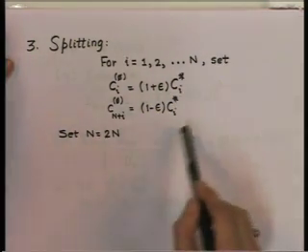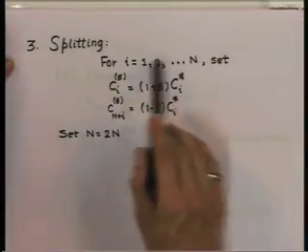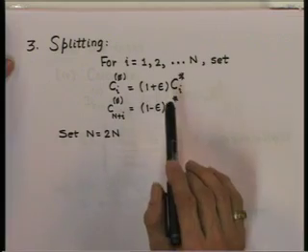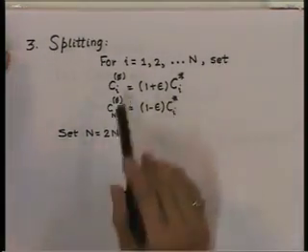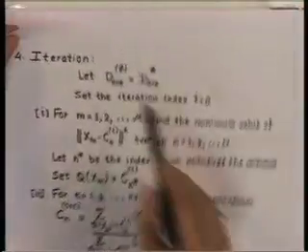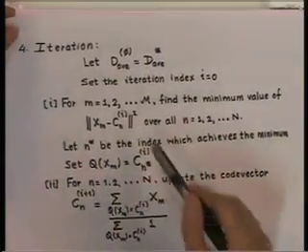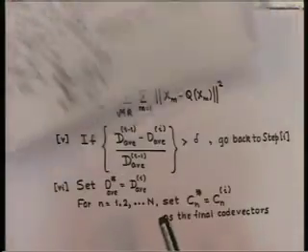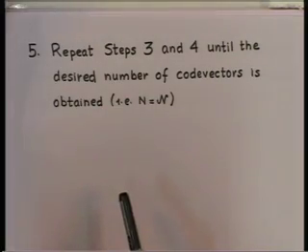So, we have now 4 initial code vectors, and using these 4 initial code vectors, we have to get the optimum code book and partition for code book size 4, and to get that we again move over to step number 4, that is iteration, and once more we go through these 6 substeps under the iteration step. This way we repeat steps 3 and 4 until the desired number of code vectors is obtained.